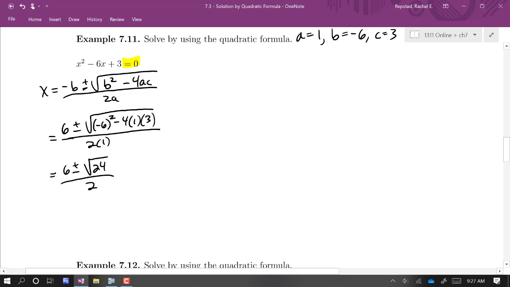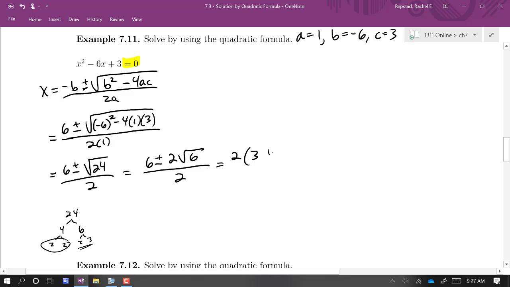So let's see, if we factor 24, we have a pair of 2's we could take out, and then we're left with the 6 still inside. And we can reduce this. Up top, there's a common factor of 2. And then we cancel. So we get 3 plus or minus root 6.